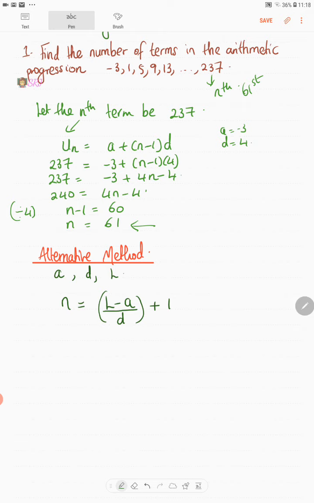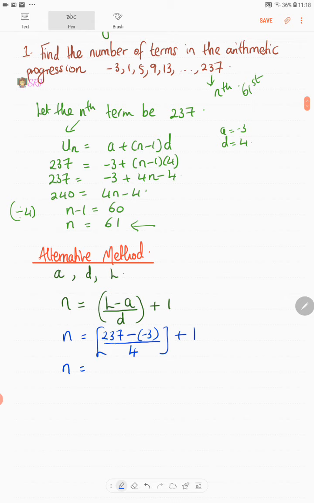So if we consider the above example, n will become the last term, 237, minus the first term, which is -3, and then divide by the common difference, which is 4, and then at the end we add 1.